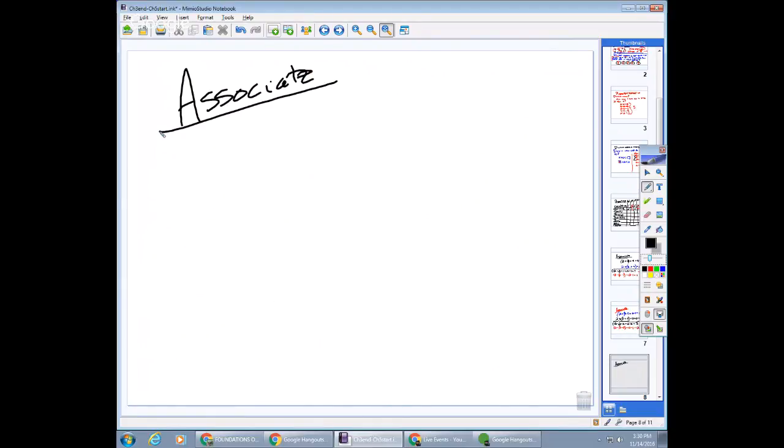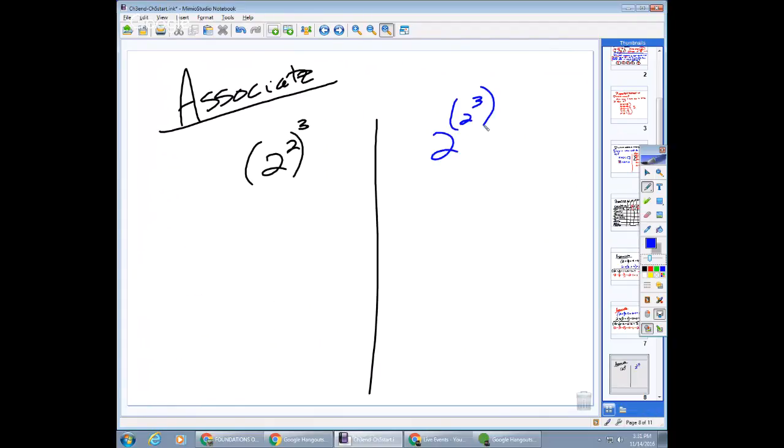So something like 2 to the second to the third power. Ooh, power to a power to a power. This is where things get interesting. First, we put the parentheses there versus putting them here. You give that a shot, see what you get, and we'll compare notes.